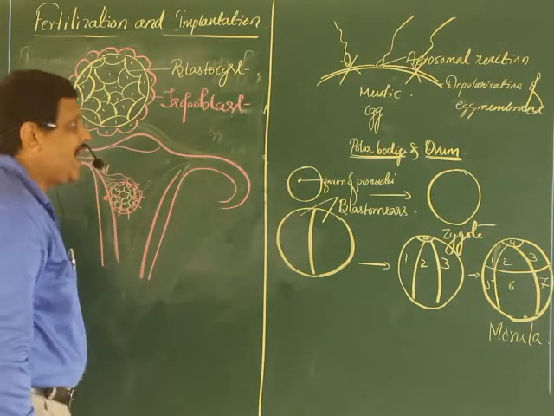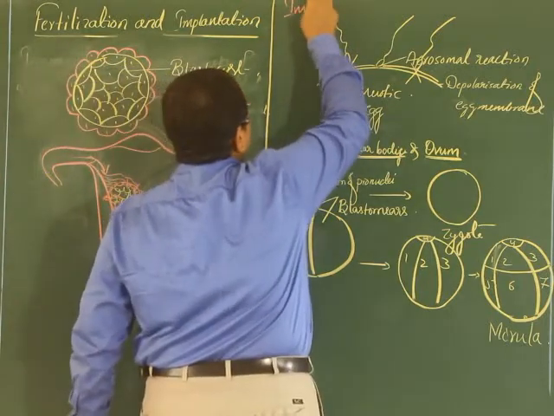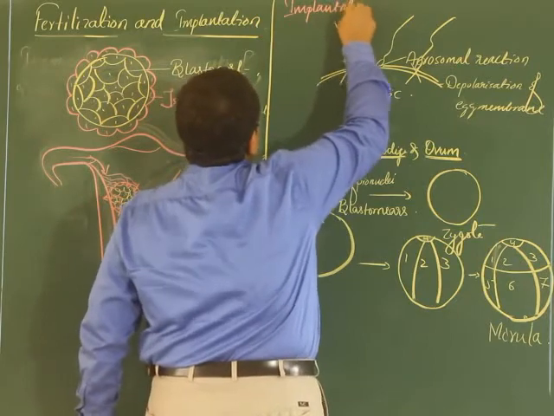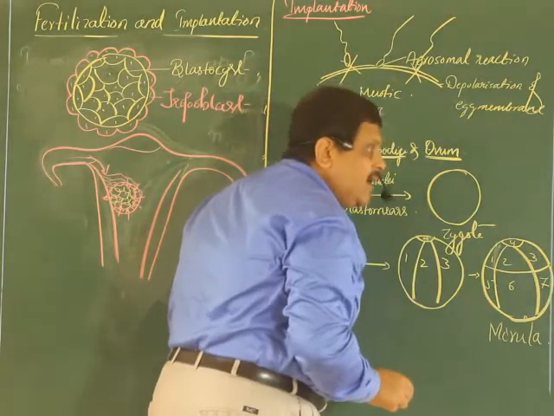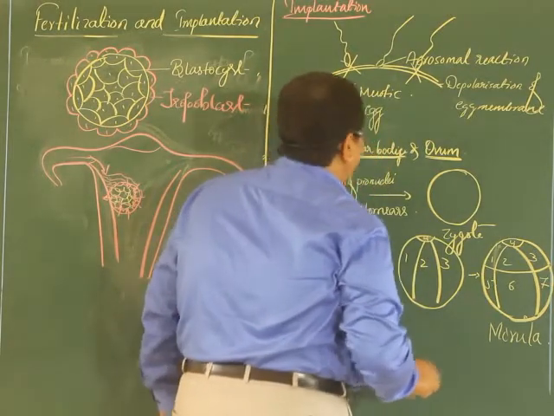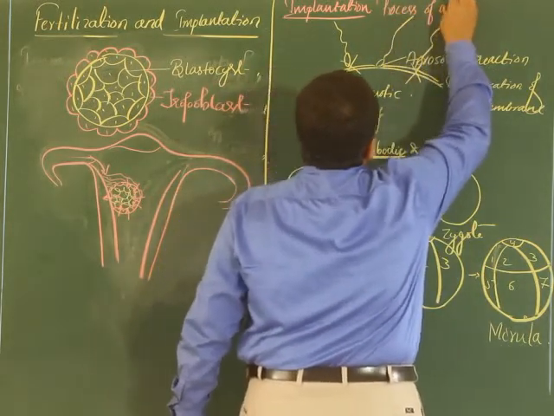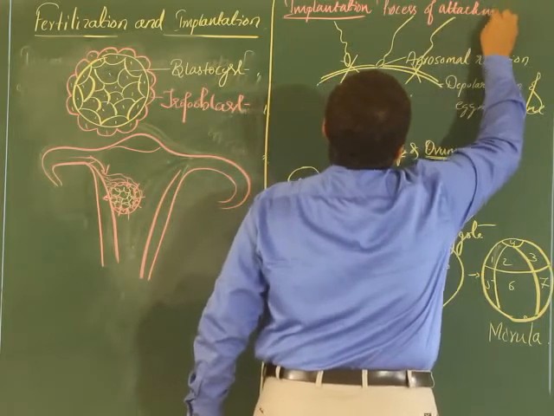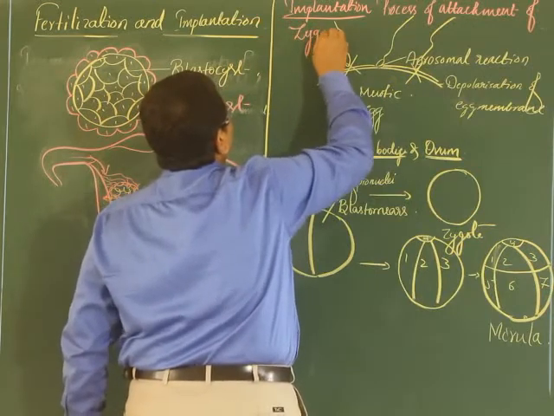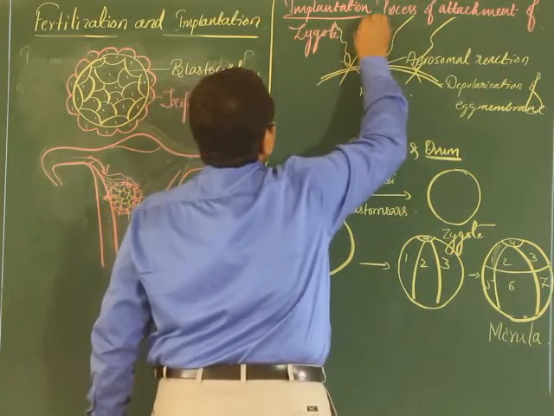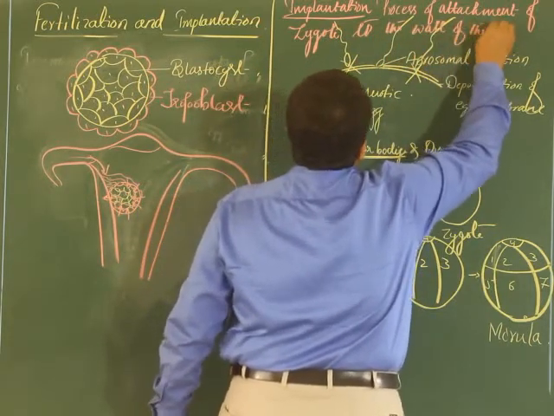What is implantation? Another word. This is also important. Define implantation. They may ask. Implantation is the process of attachment of the fertilized egg, the zygote, to the wall of the endometrium.